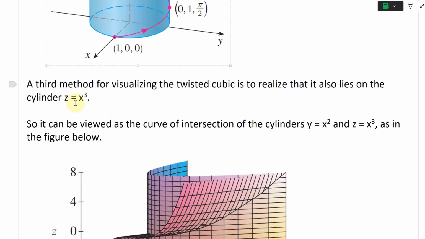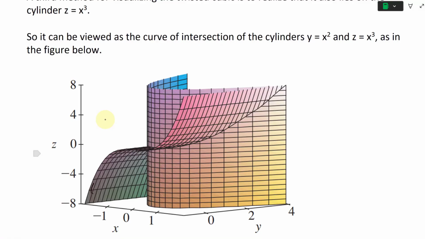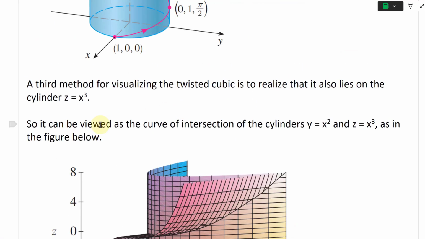When you have z equals x cubed, y could be infinite all across. So it's on it, and it's also on the parabola. In other words, it's on both of them. It could be viewed as the curve of intersection of the cylinders y equals x squared and z equals x cubed.